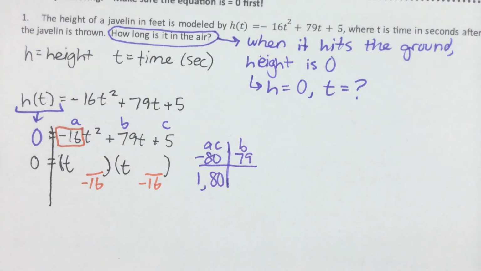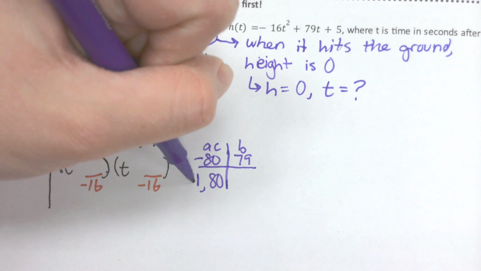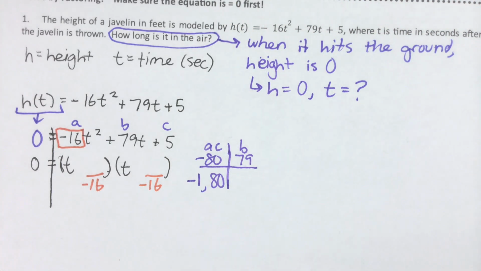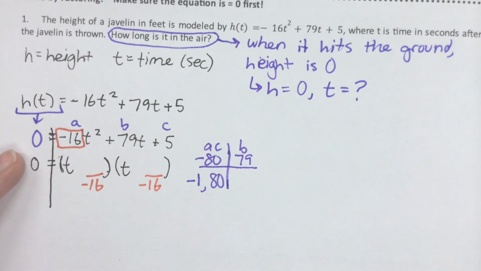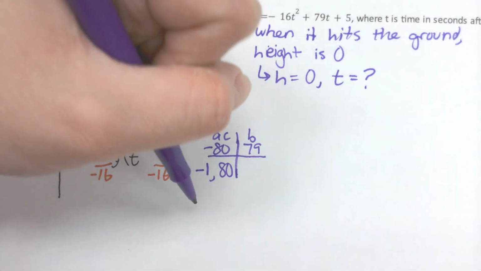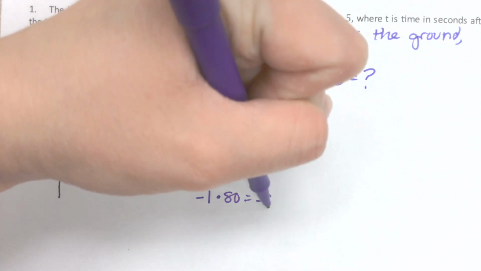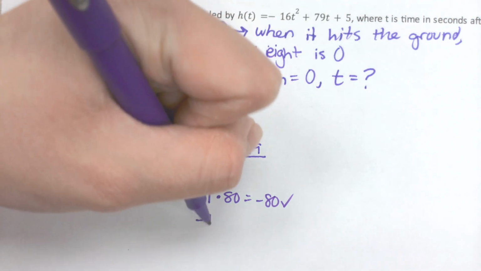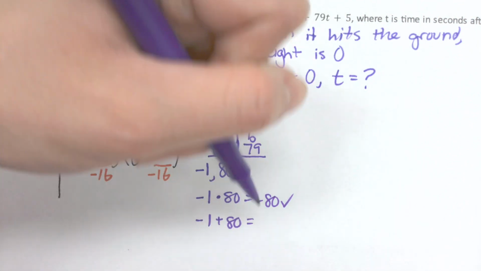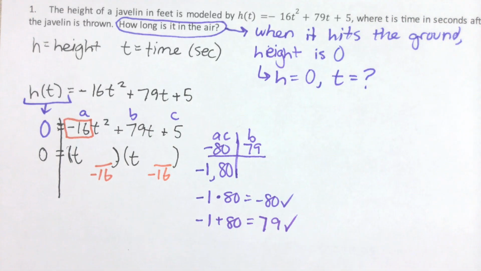Well, I repeated back to you 1 and negative 80. You didn't correct me. No, I tried to. Okay. Sorry, everybody, he was right. It's negative 1 and 80. That's correct. Let's check real quick. Negative 1 times 80 is indeed negative 80. Negative 1 plus 80 is positive 79. Yes, those work.